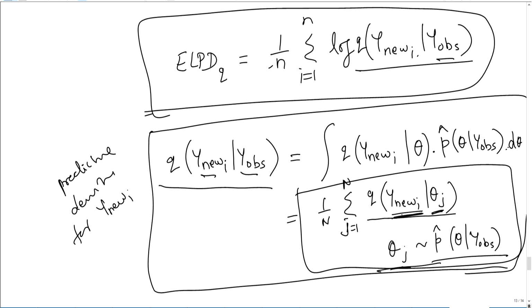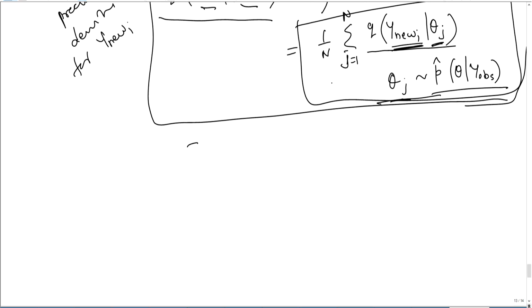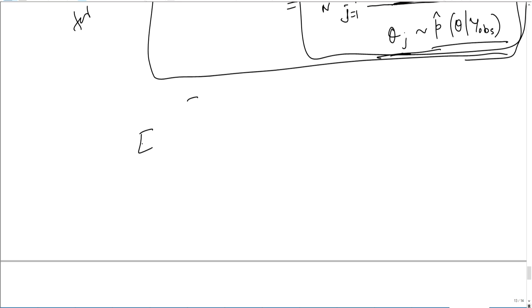So, this will give you the predictive density of y nu i. We plug in the predictive density here, take the log predictive density and take its summation across all data points in your future data y nu. Okay. So, this is the process. This is ELPD of any model Q. So, I can write the whole formula here.